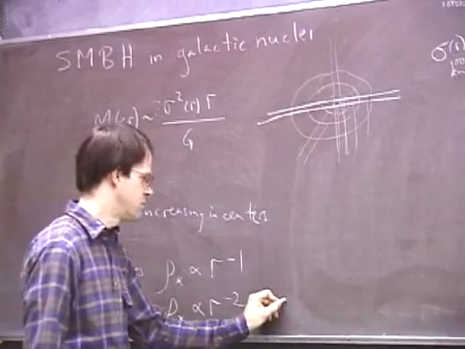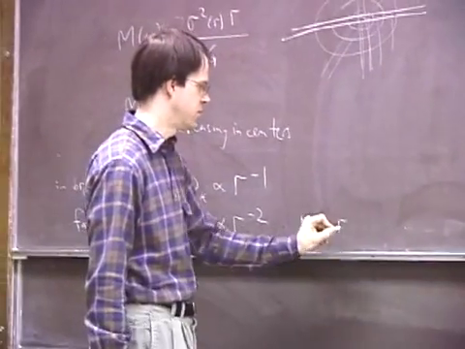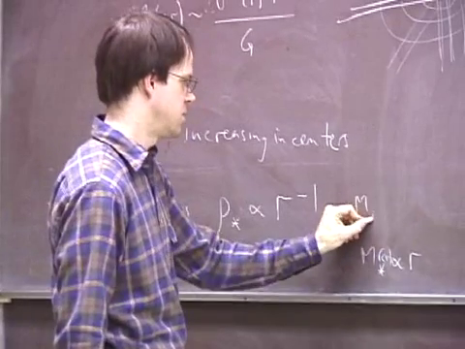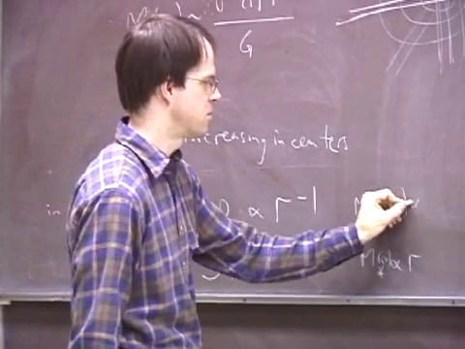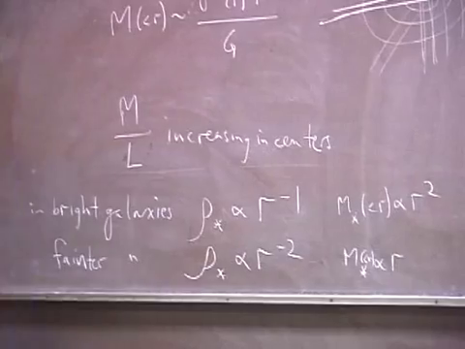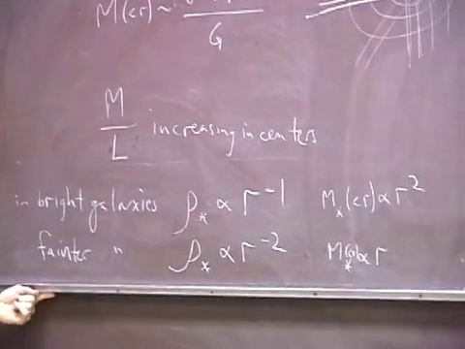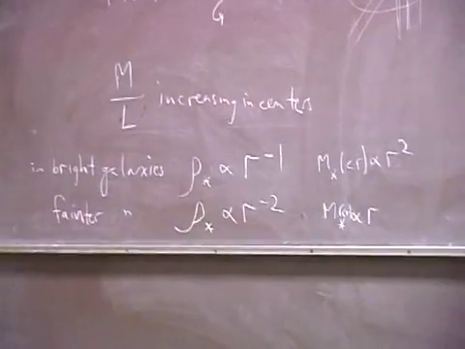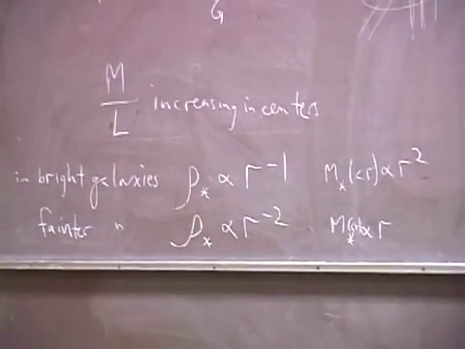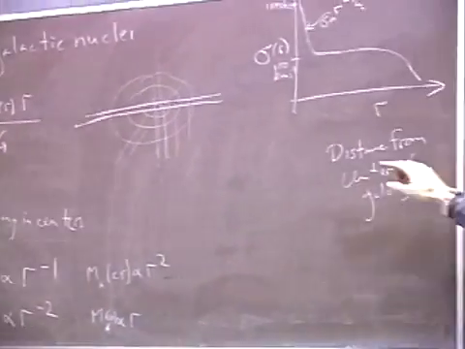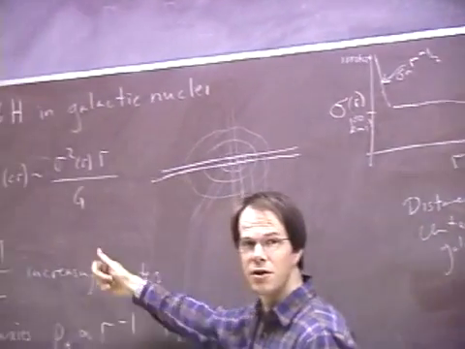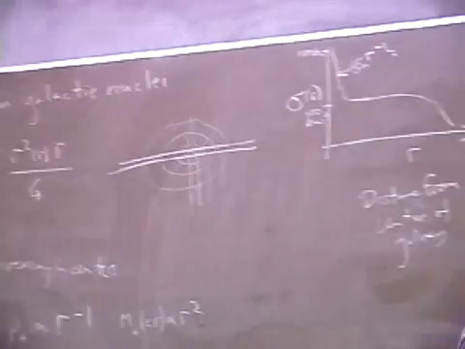So in this case, the mass in the stars within r is going proportional to r. And in this case, the mass in the stars within r is going proportional to r squared. Whereas in these cusps, the mass in the cusp is approximately constant, so that's the origin of this statement. The mass to light ratio is increasing rapidly as you go in.